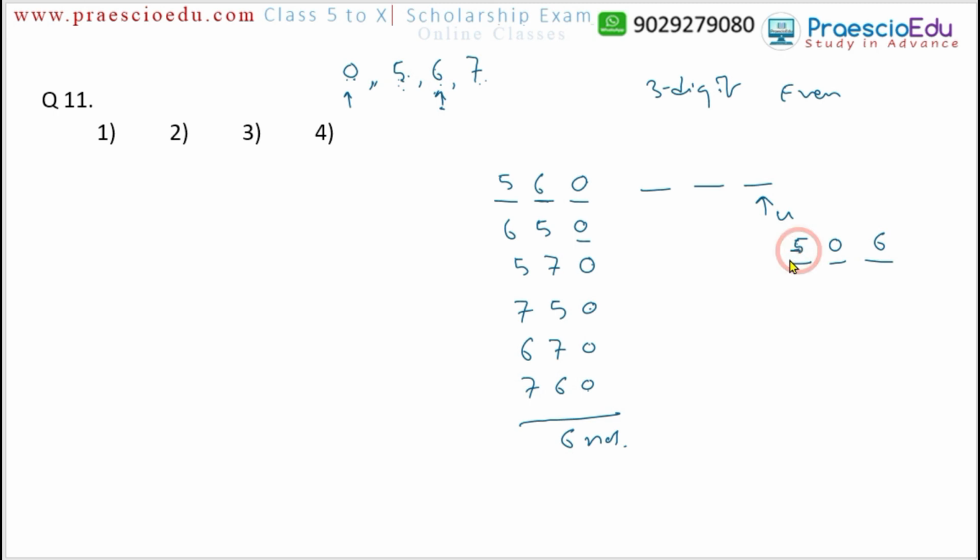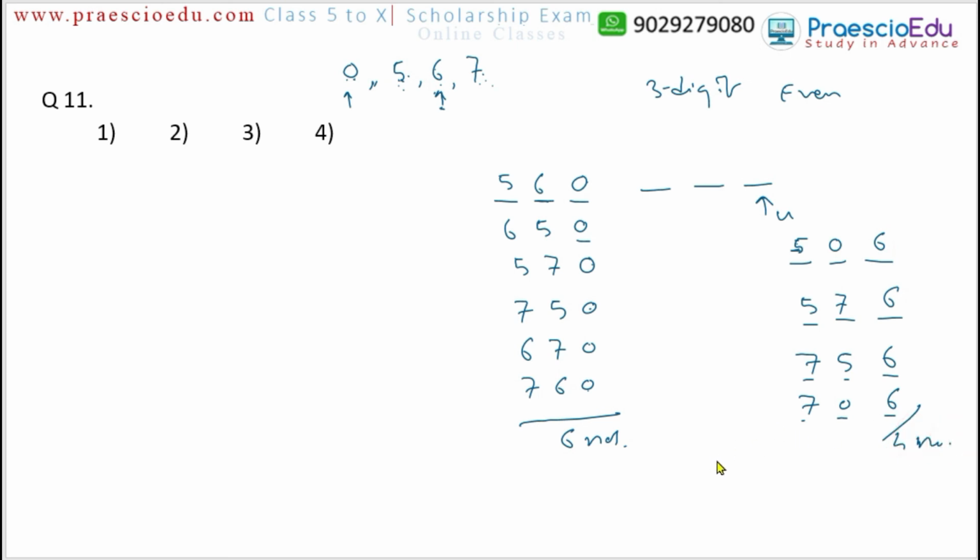So this is the one number, and then with 6 at the unit, 5 and 7 we can take. So 5 and 7, and then with the interchange 7 and 5, 6 at the unit. And then 0 and 7, so 7, 0 and 6, this is also another number, but 0 and 7 cannot be interchanged like 5 and 0. So these are the 4 numbers we can make.